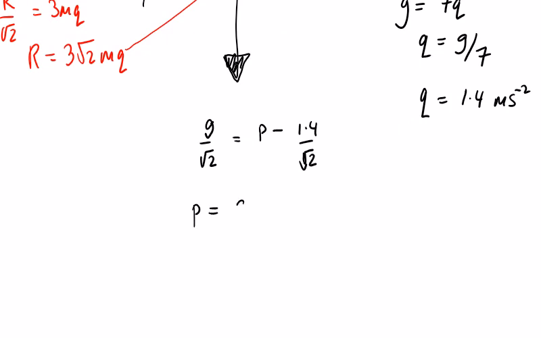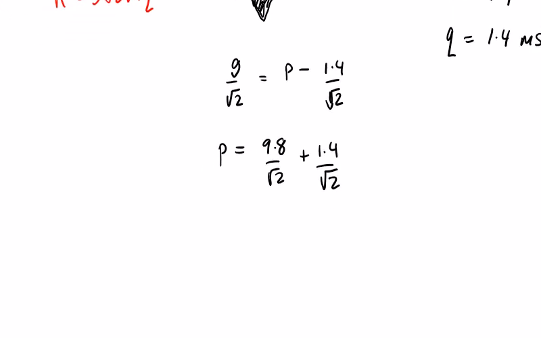P is equal to 9.8 over root 2 plus 1.4 over root 2. And let's have a look at a calculator. 9.8 divided by root 2 plus 1.4 over root 2 comes out to be about 7.92 m s to the minus 2. That's that question complete. You've got P, you've got Q. It's worth practicing.